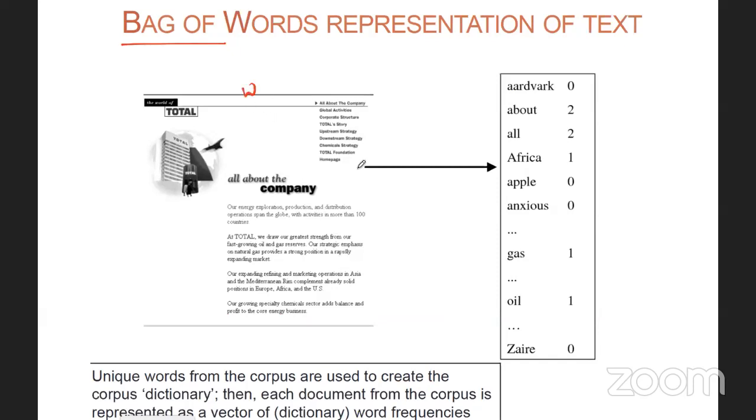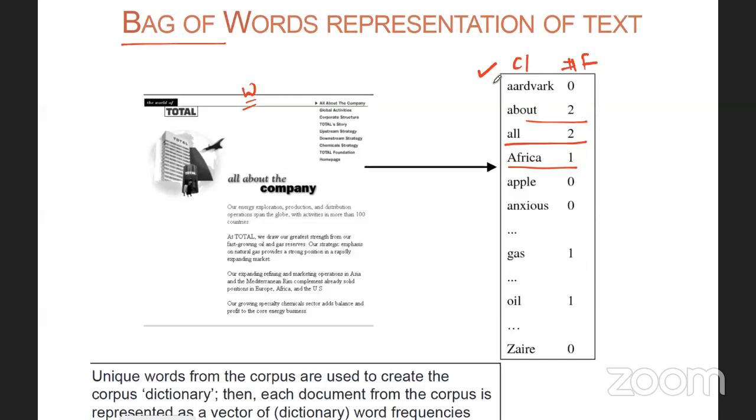This is a website, and I'll take all the unique words from this website and arrange them in column 1. Then I'll see how many times those words have occurred, that is the number of occurrences or frequency. So "about" has occurred 2 times, "all" has occurred 2 times, "Africa" has occurred 1 time, like that. I'll arrange all these unique words into this column and see the frequency of those words in this website. This is a very simple, very easy method. That's the bag of words representation of the text.